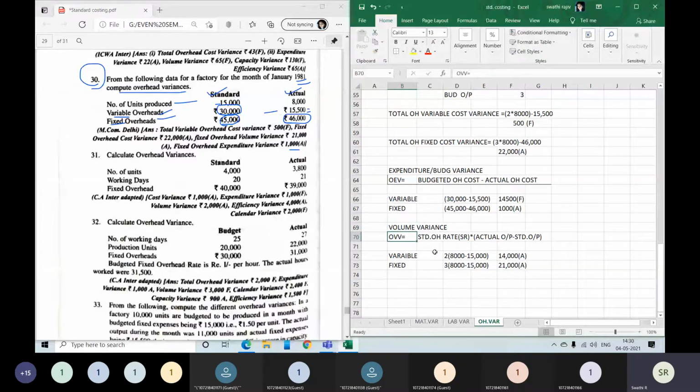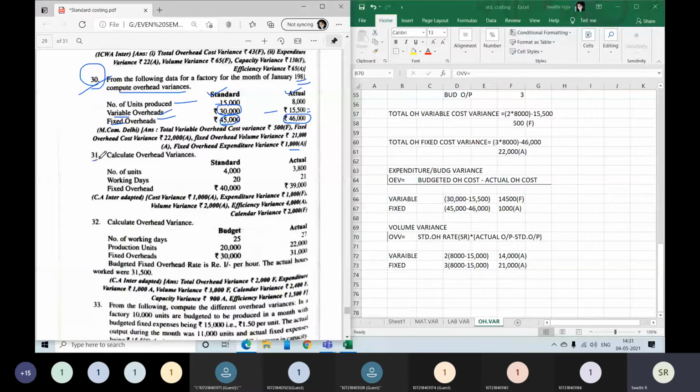How did we calculate it? Standard overhead rate into actual output minus standard output. Standards are different for variable and fixed, and accordingly we applied the formula and got the answer. Okay, a 10 mark question, it will be like this.